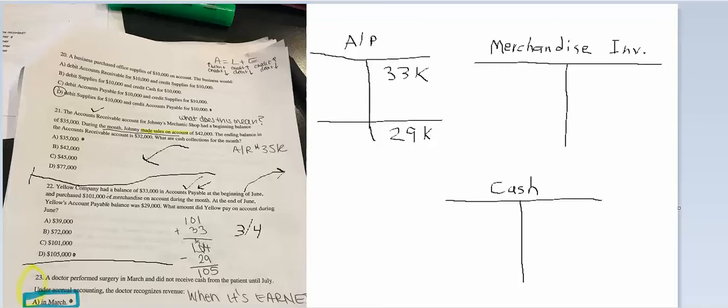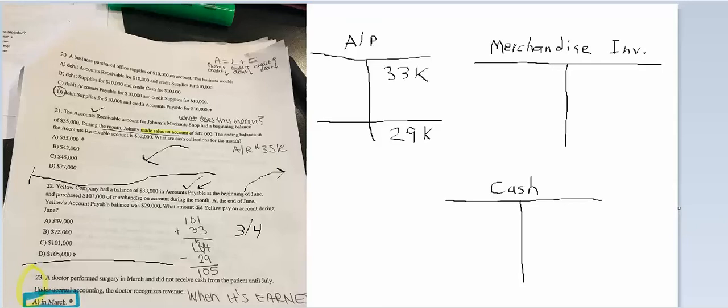Then it says they purchased 101,000 of merchandise on account, so purchased on accounts payable, just like sales on accounts receivable. Sales, when you sell stuff, cash comes towards your company. Merchandise on accounts payable during the month, that means money's going the other way because it's a payable, is 101,000.